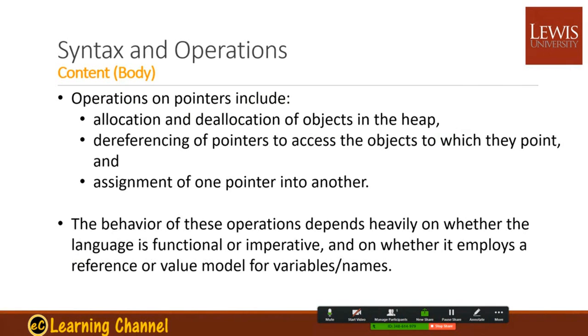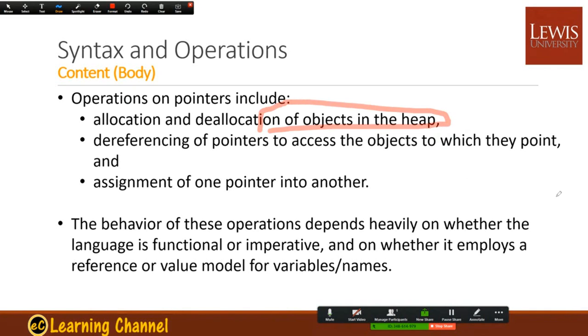Syntax and operation. Operations of pointers include allocation and deallocation of objects in the heap. That's the main feature for C or C++ use of the heap, and that's dynamic memory allocation, and pointers make using the heap more efficient. So there is referencing of a pointer to access the object to which it points, and the assignment of one pointer to another.